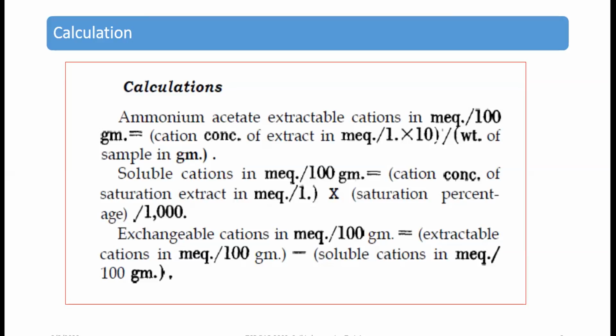Then go back to your soluble cations, calculated from your previous measurement: take the cation concentration in milliequivalent per liter, multiply by the saturation percent, and divide by 1,000. When you have both the extractable cation and soluble cation in milliequivalent per 100 grams, you just subtract the soluble cation from the extractable cation.